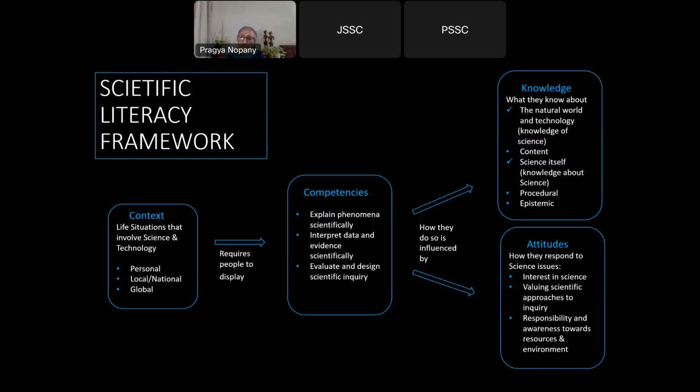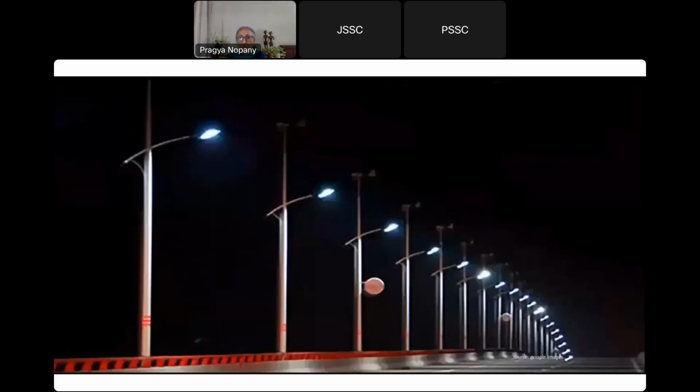So now let me break it down into smaller, easier steps for us, which we can implement in the classroom. So our map looks somewhat like this. And what is this map? First, we have observe. So we have to make our children used to observing things very keenly.